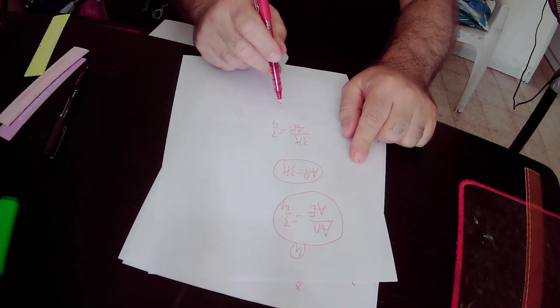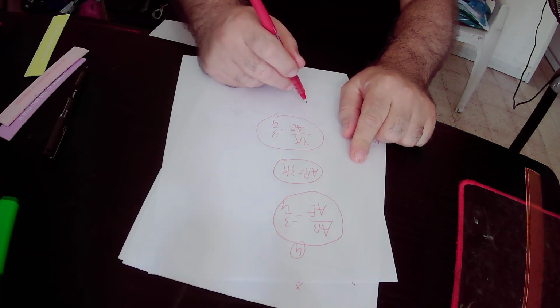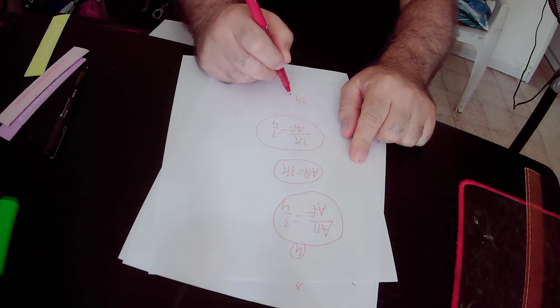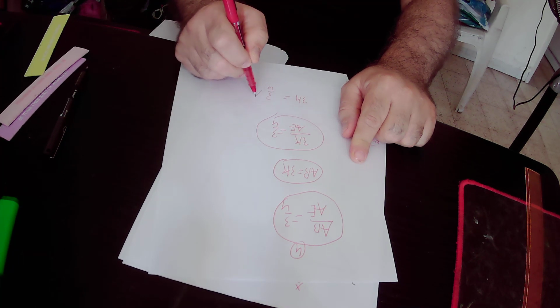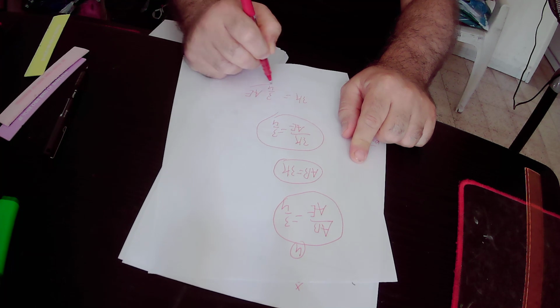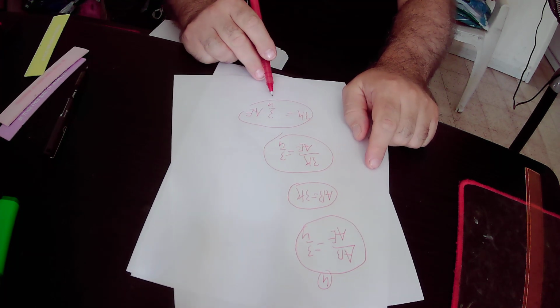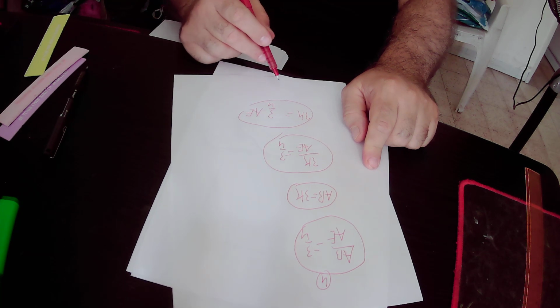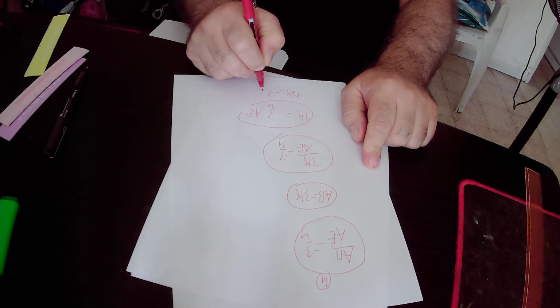Here we will multiply this equality by AE. We will get that 3K equals 3 over 4 times AE. We will multiply this equality by 4, and we will get that 4 times 3K, which is 12K, equals 3 times AE.